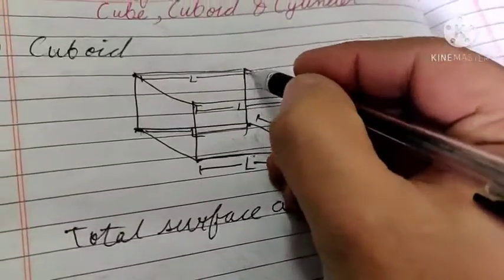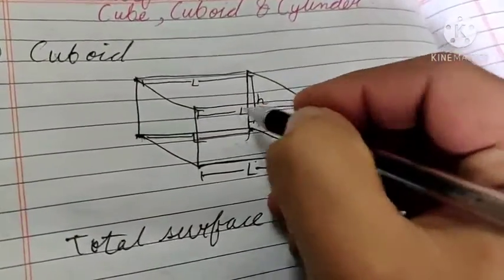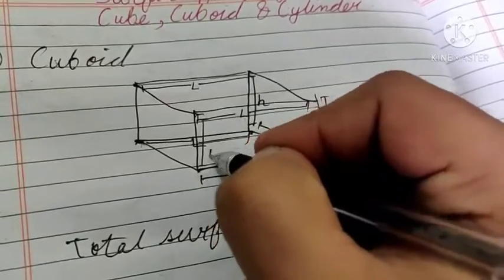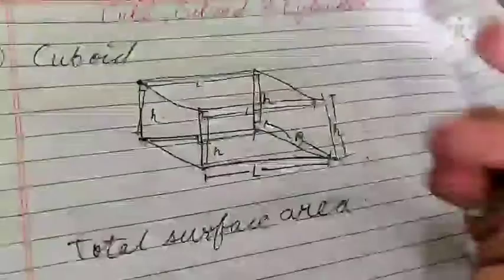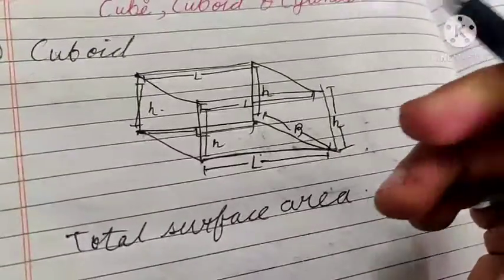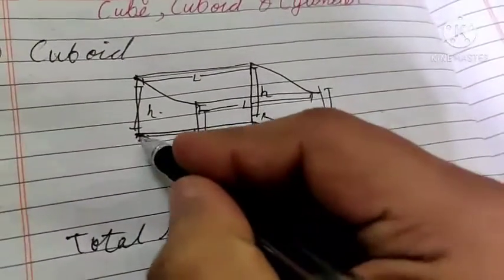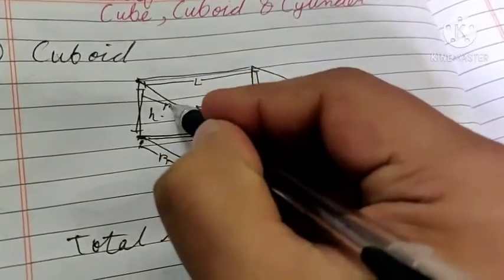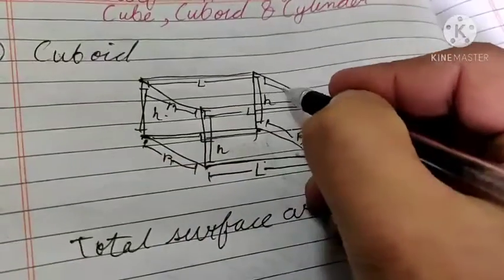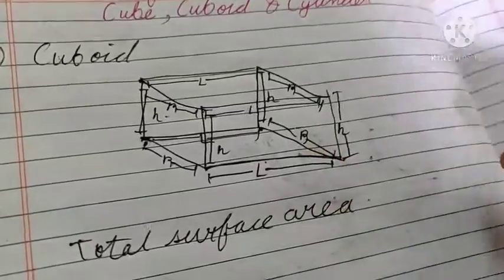This is height, this is also the height, and this is also the height. These four standing lines are the heights. So remaining, this is breadth, this is breadth, this is breadth, and this is also breadth.